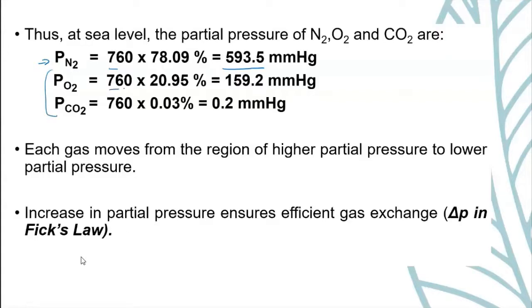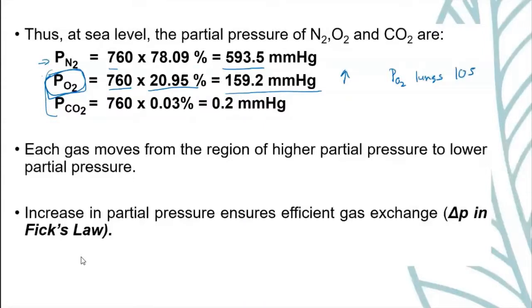So 760 for oxygen ni, kalikan dengan dia punya composition which is 20.95%, you get 159.2 millimeter mercury. So you can see that the partial pressure of oxygen in the atmosphere is higher compared to the partial pressure of oxygen in the lungs, okay, which is 105.